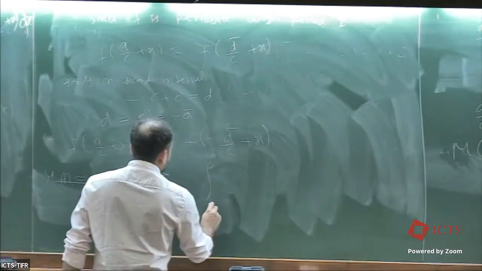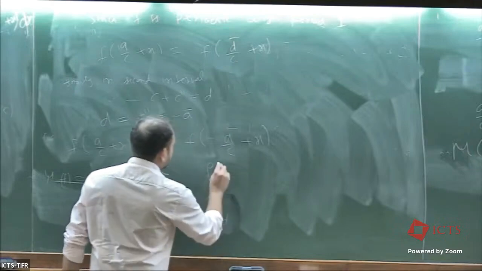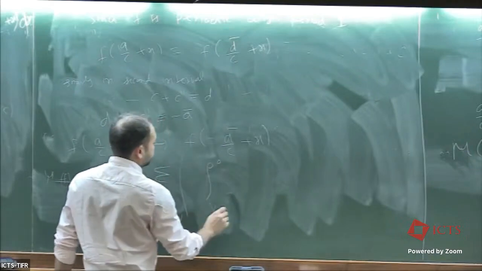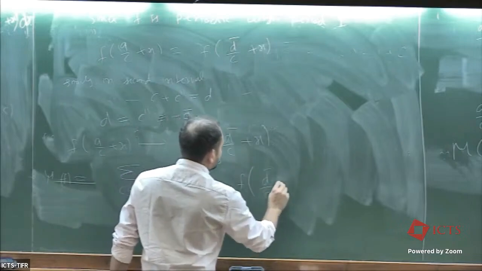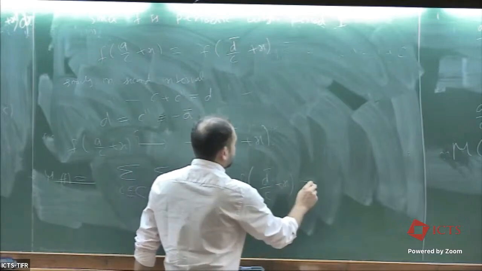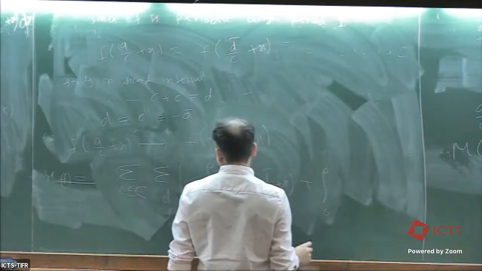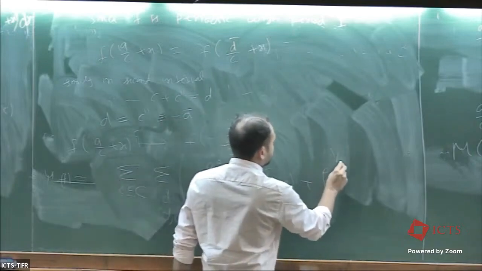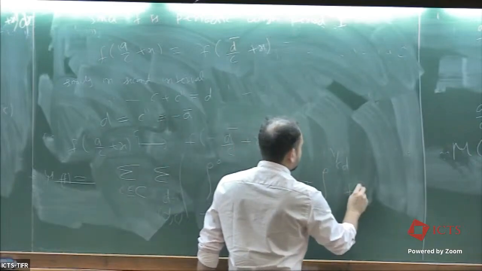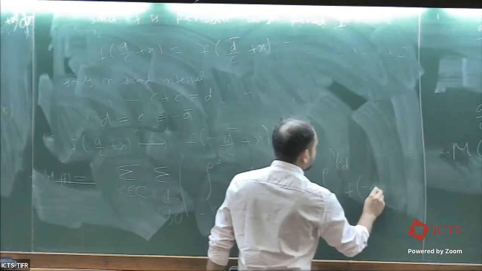Integration of 0 to 1 by C D, f of D bar by C plus x, plus integration of 0 to 1 by C D, f of minus D bar by C plus x.